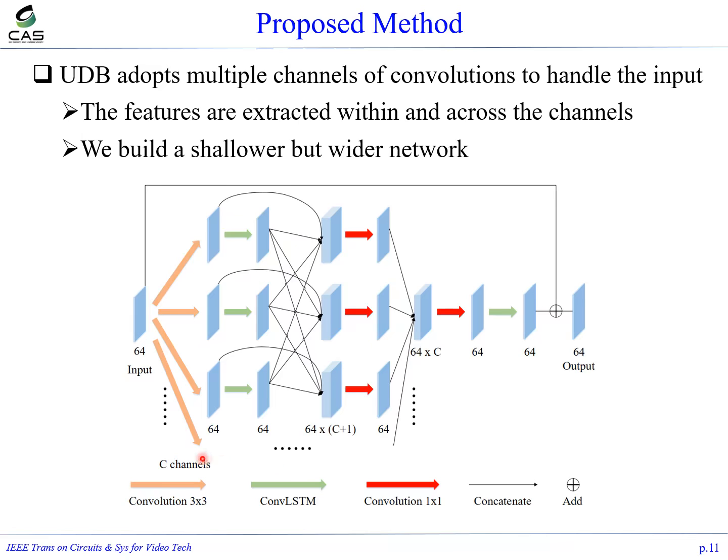In all, features are extracted within and across channels in UDMB, through which we build a shallower but wider network. It is worth mentioning that by replacing the convolutional LSTM with normal convolution, UDMB turns into UDRB.